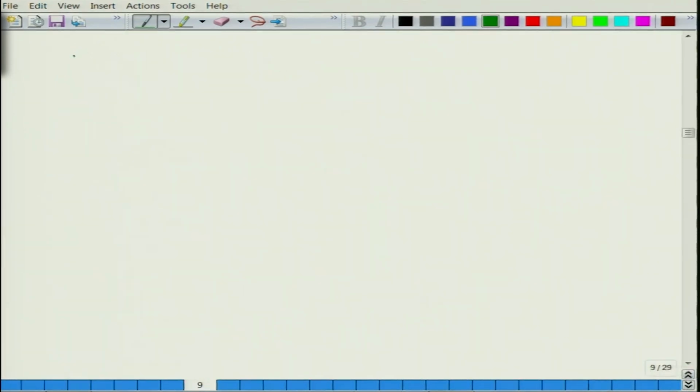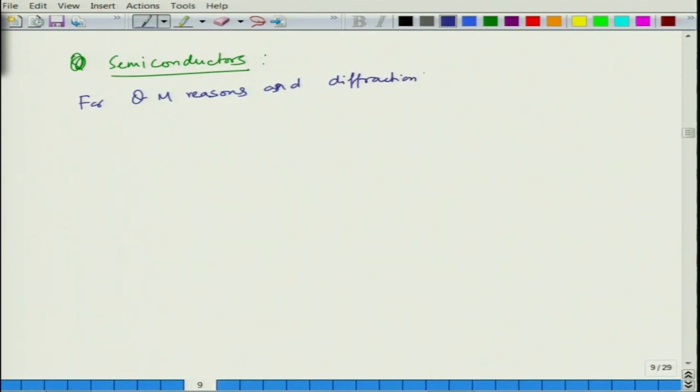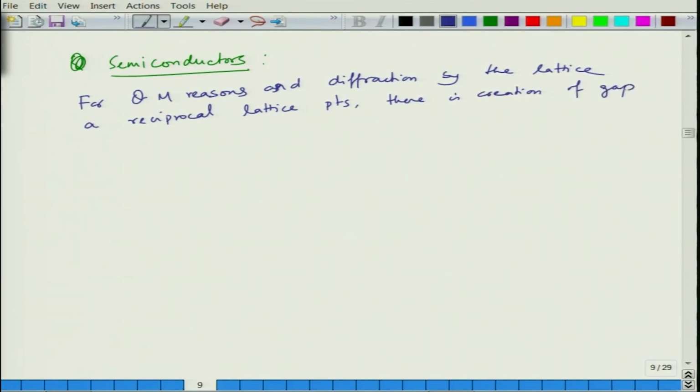Now in semiconductors, for quantum mechanical reasons and diffraction by the lattice at reciprocal lattice points, there is a creation of a gap. So essentially when you plot this E-K diagram, it is something like this.